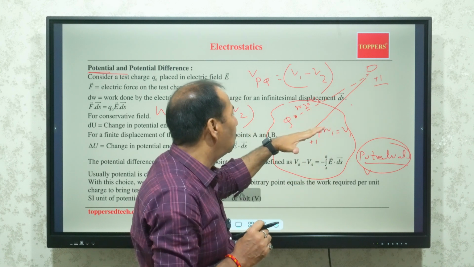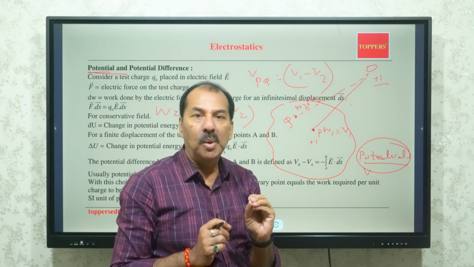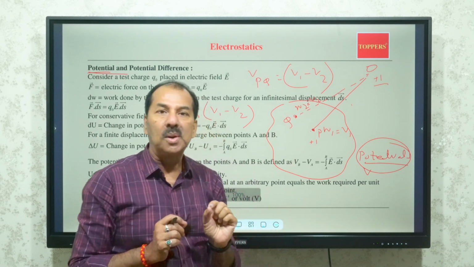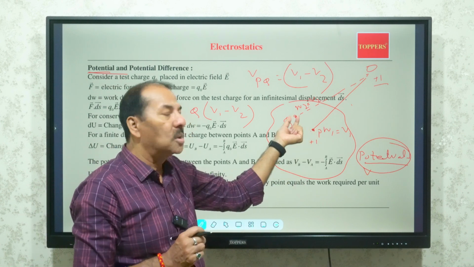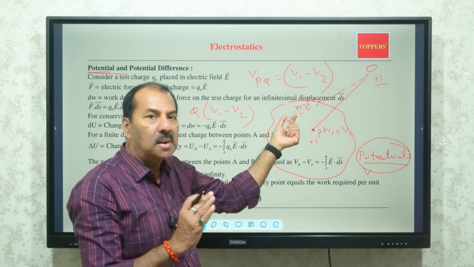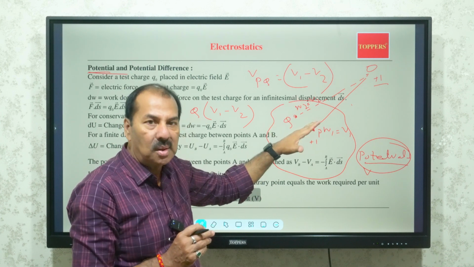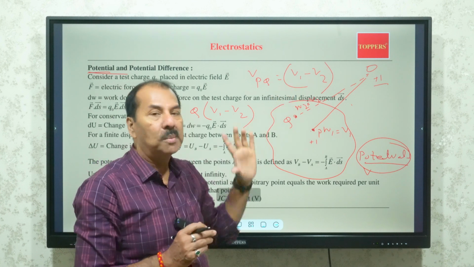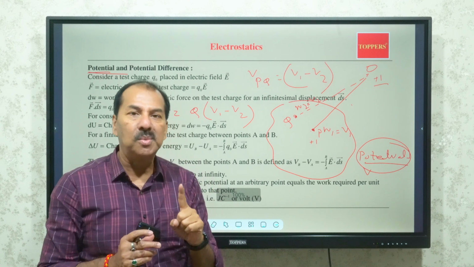But when we compare one point with another point, we don't use the word potential, we use potential difference, because this point has some potential and that point also has some potential. So work done will be either this potential minus that, or that minus this. That becomes V1 minus V2, but this V1 minus V2 is still for unit positive charge.